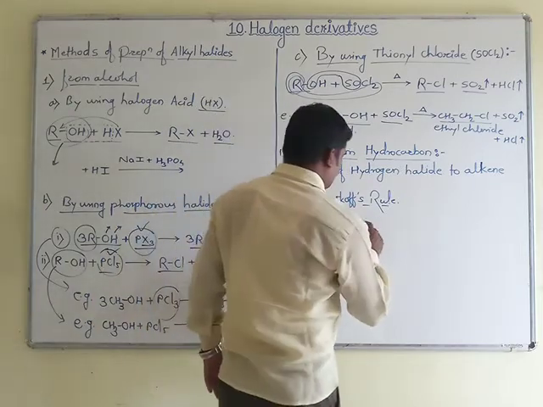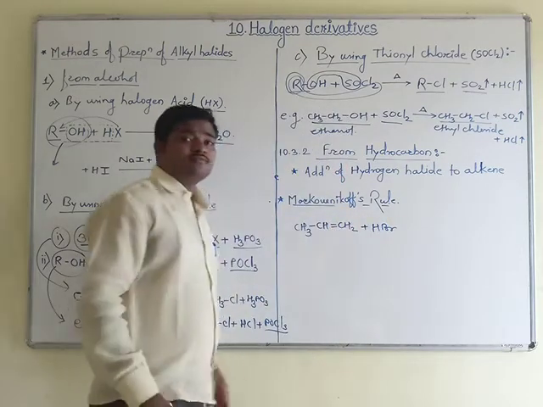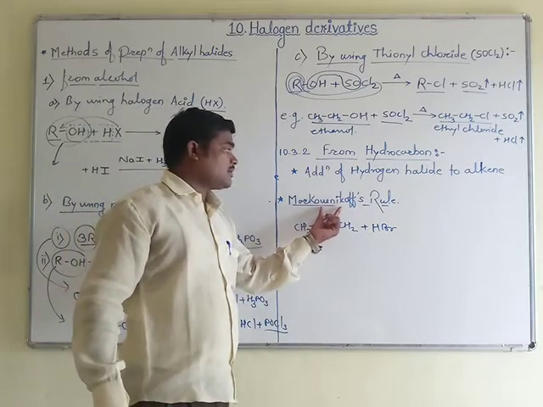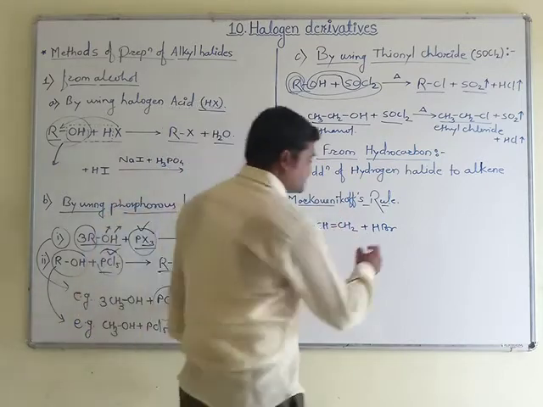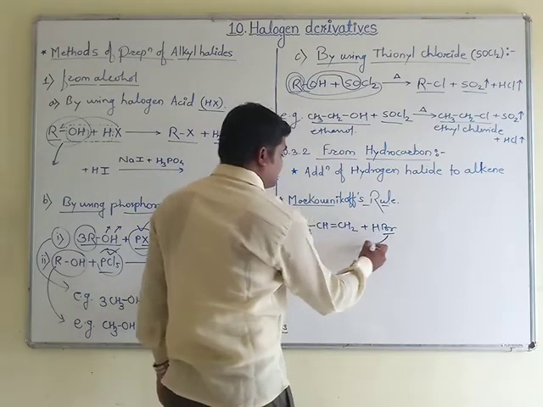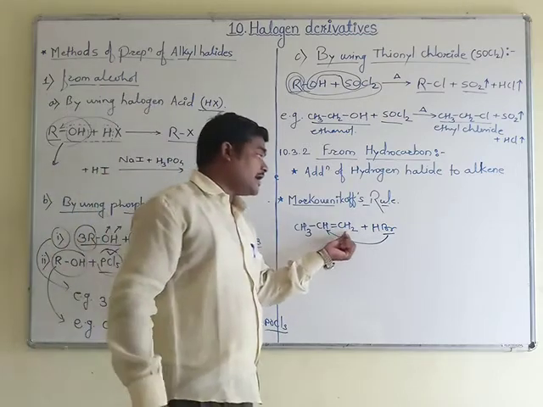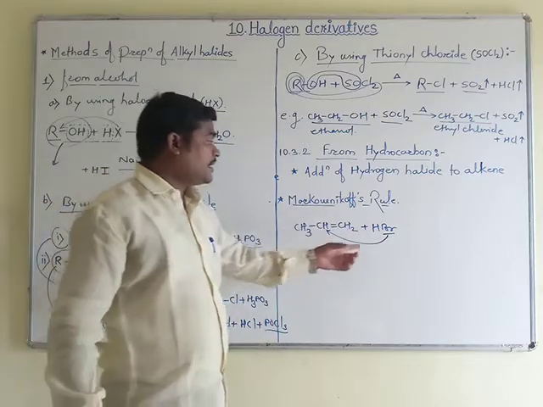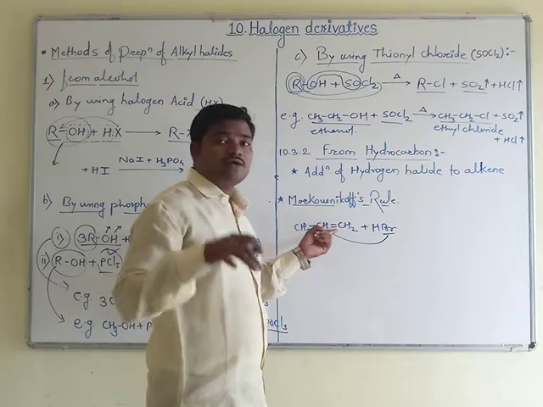Whenever you add the HBr reagent across this double bond according to Markovnikov's rule, the negative part of this reagent, that is bromine, will add to that part where the hydrogen atoms are less, and the remaining positive part will add to that part where the hydrogen atoms are more. So addition of this bromine takes place at the place of CH, and this double bond is converted into a single bond.